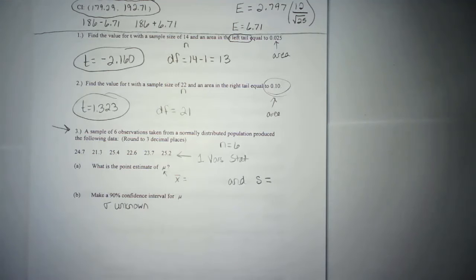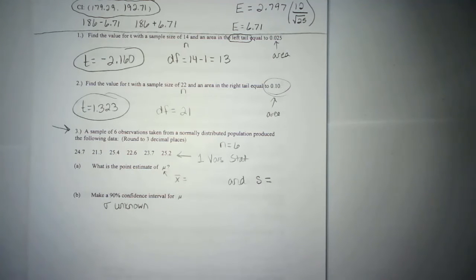So on list, put L1, and on frequency list, make sure it's blank. We don't want anything on frequency list, okay? And then see if you get this. Does everybody get that with theirs? So list should be L1, frequency list should be blank. And then this is what we come up with.